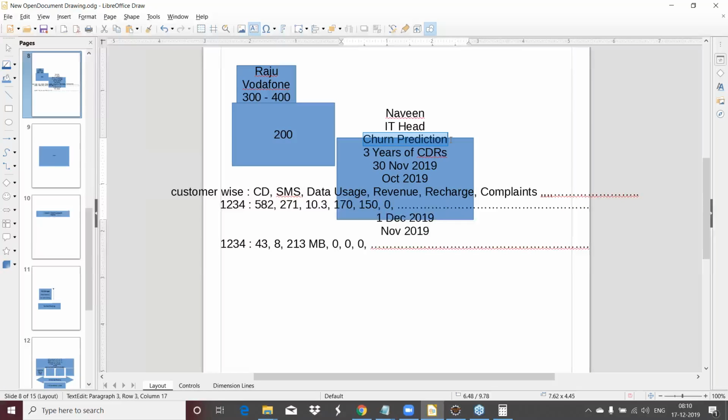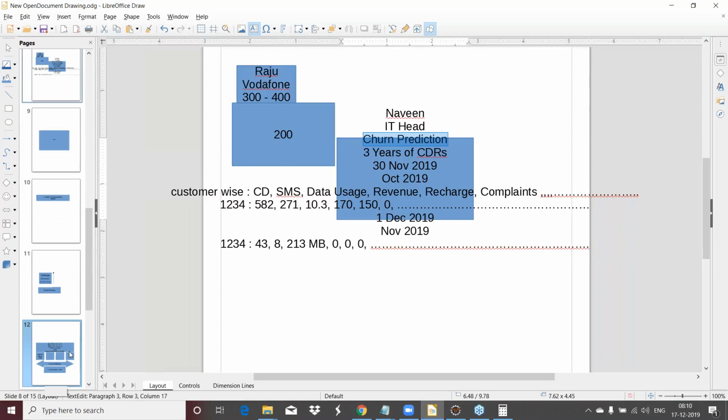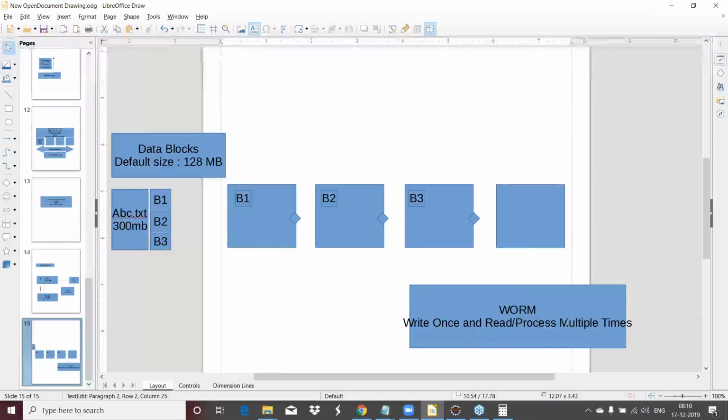You are with me? That information was never readily available, and that is the reason we process this data to get this information out. And that is the same thing we are talking about today. We are saying that we can process this data, and whenever we are looking forward to processing, instead of transferring the data, I am going to transfer the processing logic.